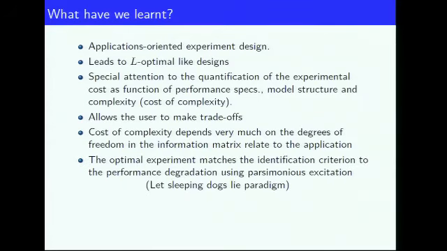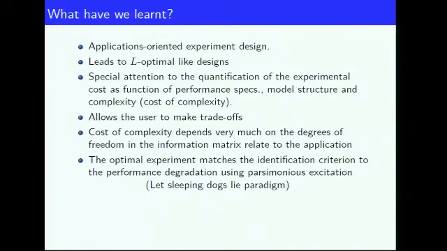We also realized that the optimal experiment tries to match the identification criterion to this performance degradation using as little excitation as possible, meaning that we don't have to model directions in the parameter space that are not important for the application.